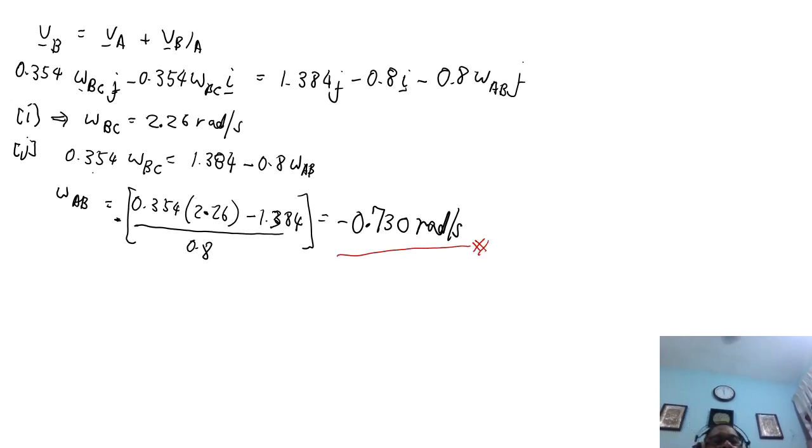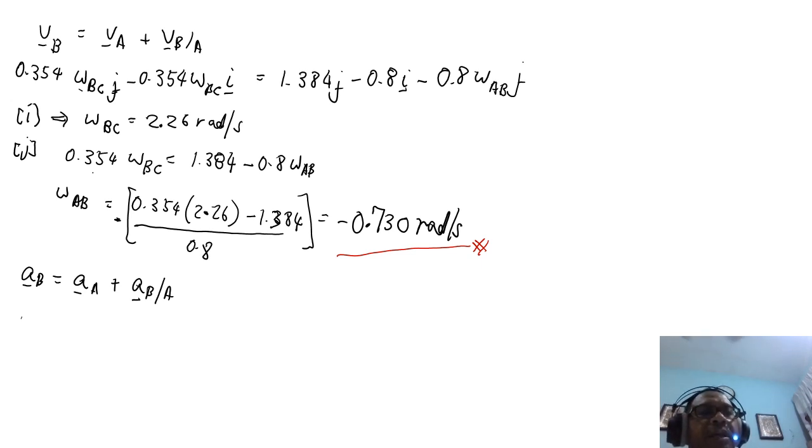Now we can use the same approach to solve for the acceleration. So let's write the acceleration equation back. You have AB equals AA plus B relative to A. And do you remember all the equations? So we need to do this by parts. Let's do the simple one.